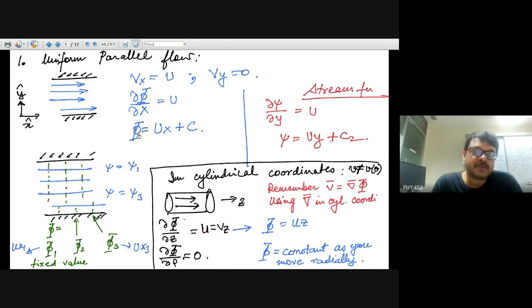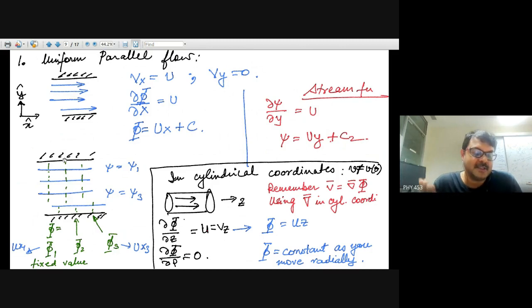So if you had to plot phi, how would it look? At a point x1, you would have a certain value phi1, whose value will be ux1 plus c, say. Then here you will have value phi2, ux2. It's a different value. And it doesn't depend upon y in this direction.